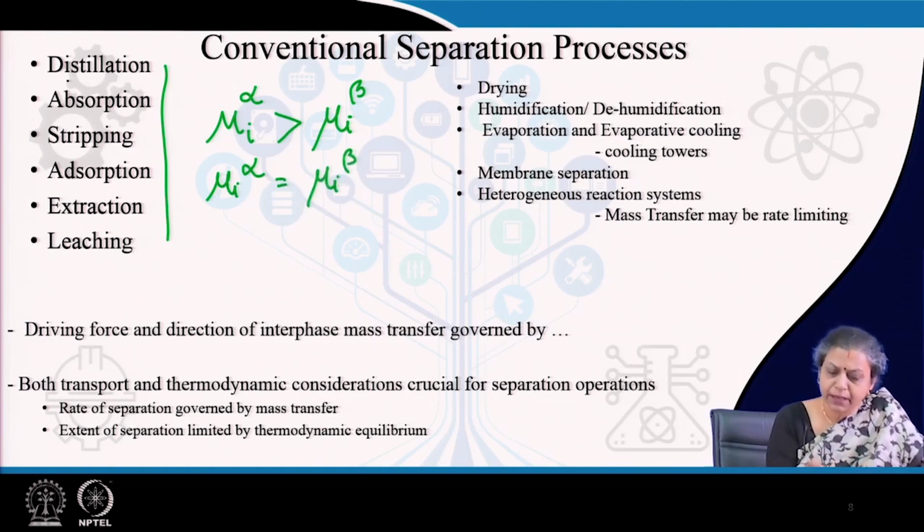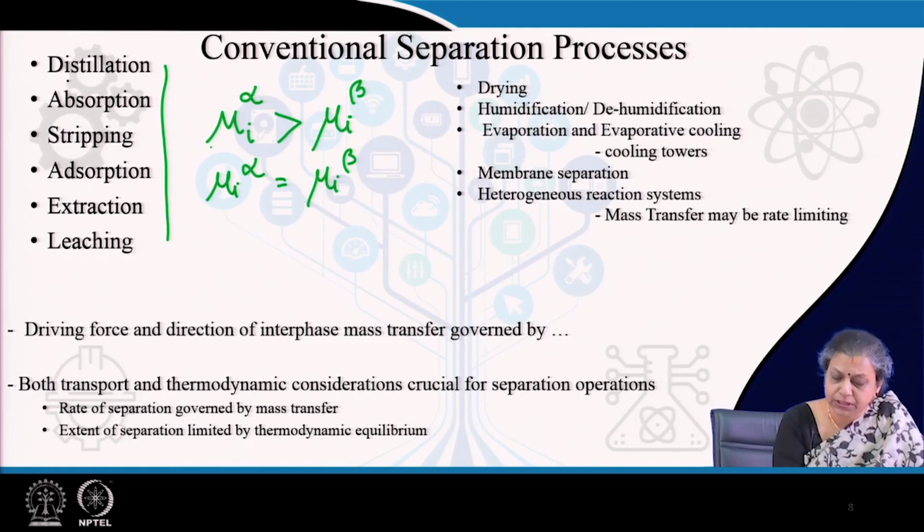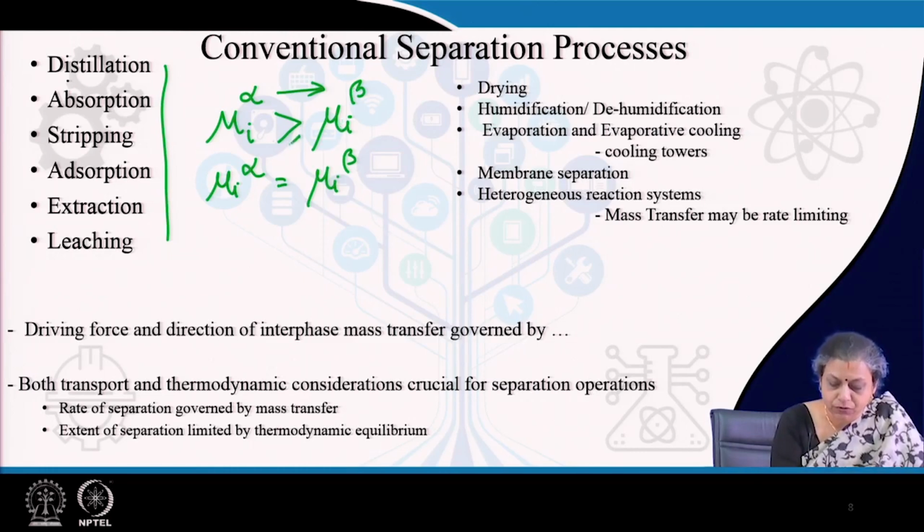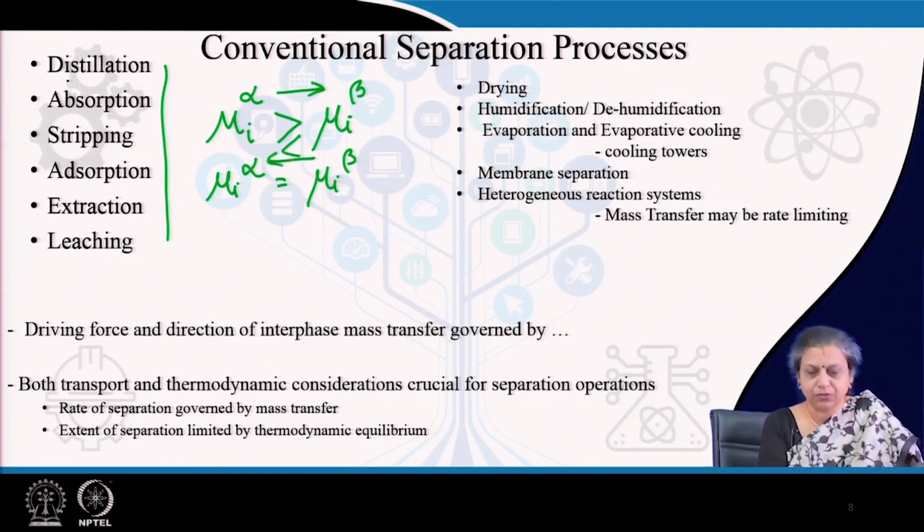If the chemical potential of component I is greater in the alpha phase as compared to the beta phase, mass transfer occurs in this particular direction. If the chemical potential of component I is greater in the beta phase as compared to the alpha phase, then mass transfer occurs in this particular direction.